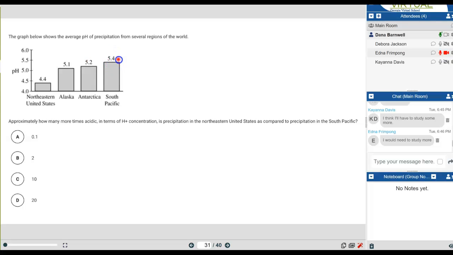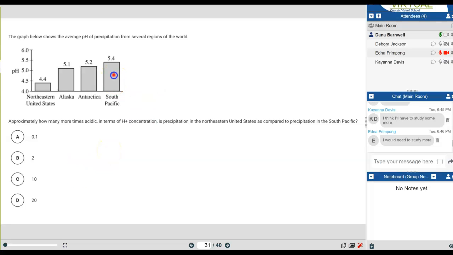Every time you go one unit of pH, say you go from a 5.4 down to a 4.4, because pH is actually on a log 10 scale, that's not just one unit of pH, that's actually a change to the power of 10. So a 1 unit change on the pH scale is equal to a power of 10 change.